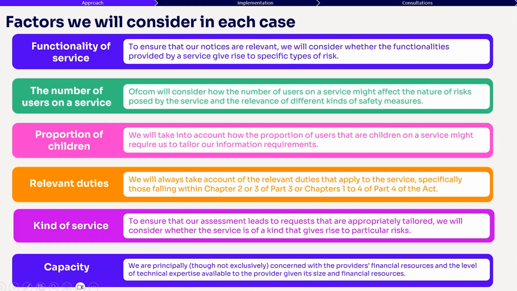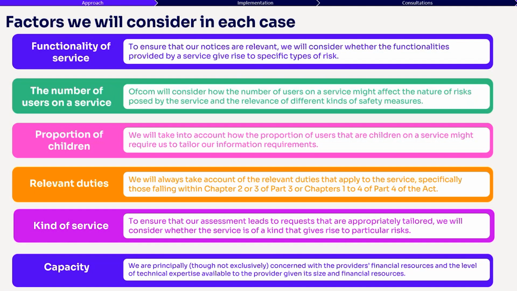The first thing to say here is quite a number of these factors relate to the risks that a service might generate. For example, the kind of service that it is, its specific functionalities, and the number of users it has, they can each affect the potential risks on a service.